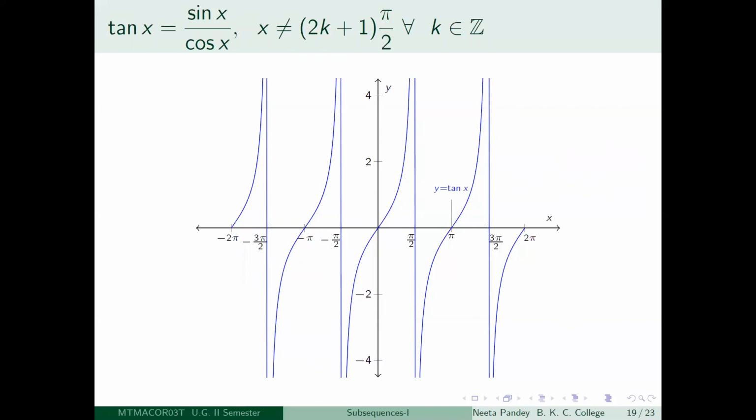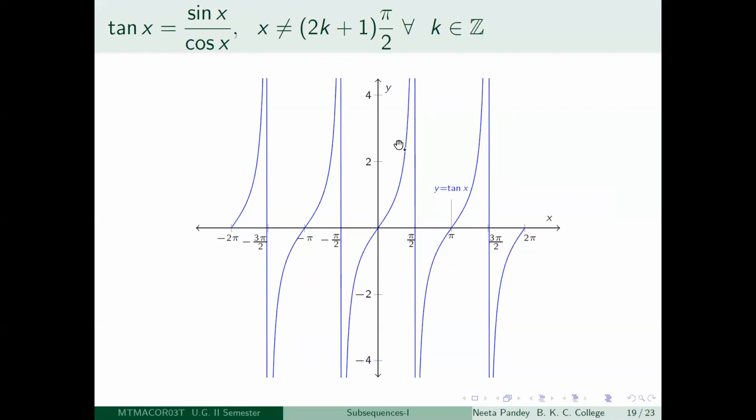Whenever cos x is 0, this will be undefined, and in fact it tends to infinity. Just look at pi by 2, for example. From the left hand side of pi by 2 it goes to infinity, and from the right hand side of pi by 2 it tends to minus infinity. So there is an unboundedness here.